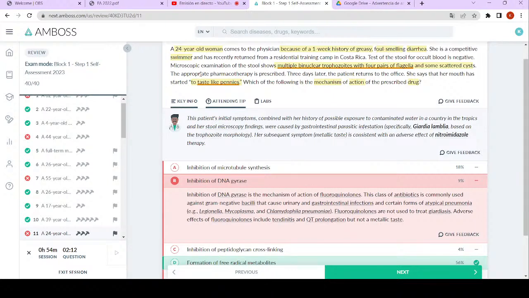Okay, the appropriate pharmacotherapy is prescribed. 3 days later, the patient returns to the office. She said her mouth has started to taste like pennies. So she took metronidazole because that tastes like pennies is common for metronidazole. Which of the following is the mechanism of action of the prescribed drug?